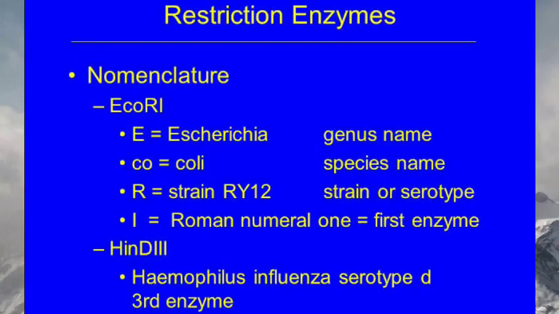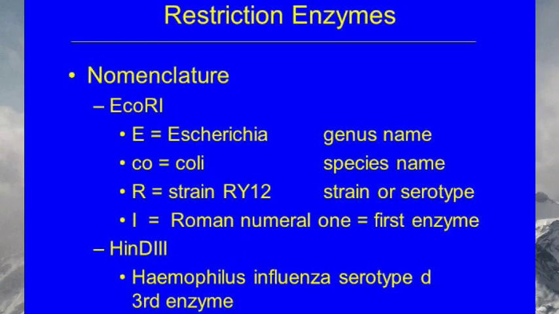Nomenclature of restriction endonucleases. They are named by a peculiar method. EcoRI: capital E represents Escherichia, which is the name of the genus. Co, coli, is the name of the species. R represents RY strain 13. Number 1 is the first enzyme.